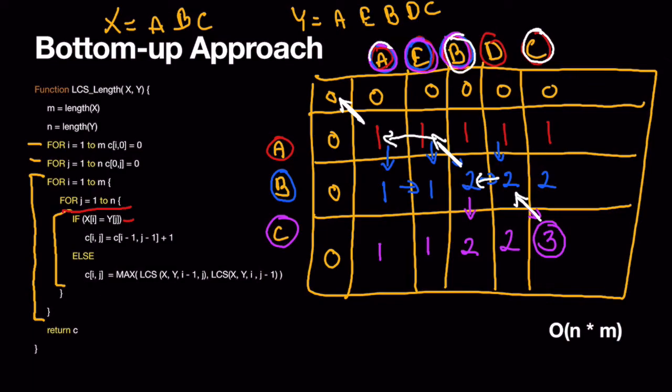If we circle all the values that have incremented, we can see we get C goes to B, which goes to A, which is in reverse. ABC is our longest common subsequence.